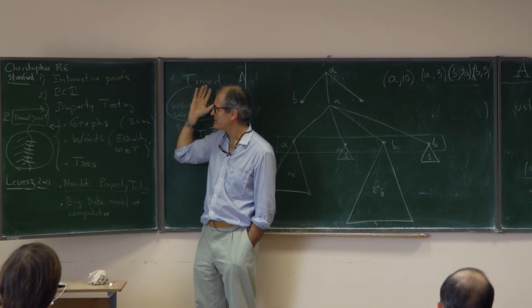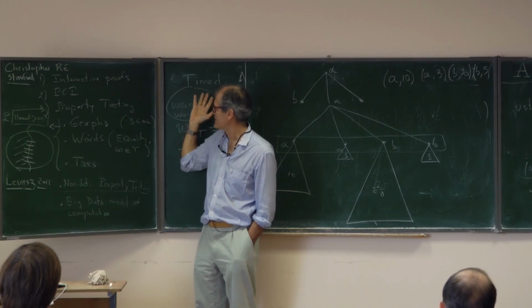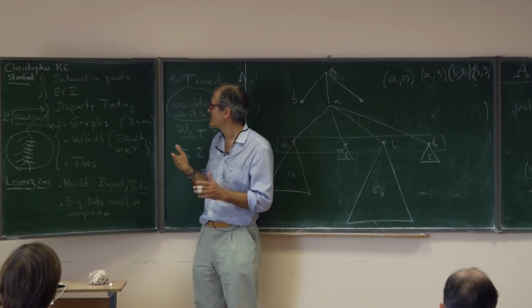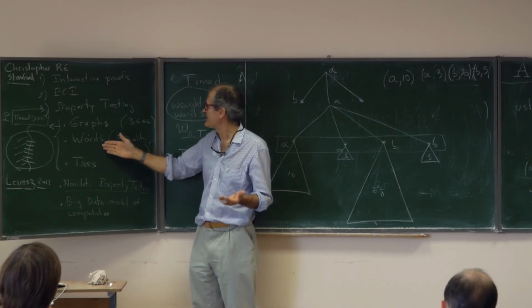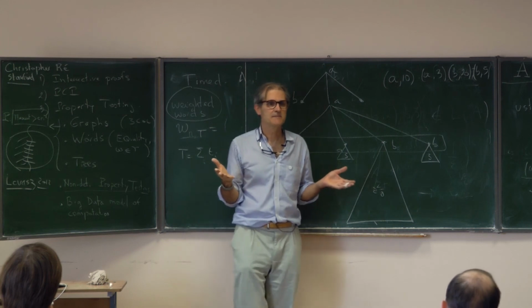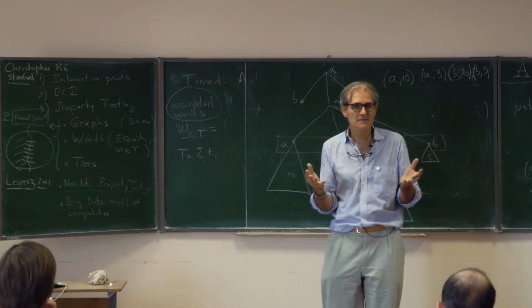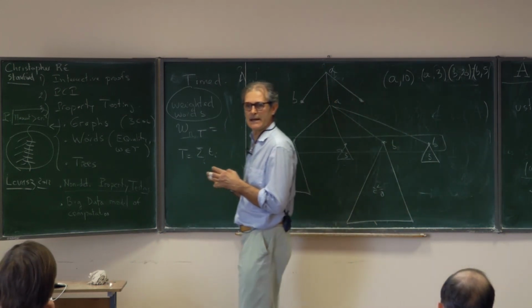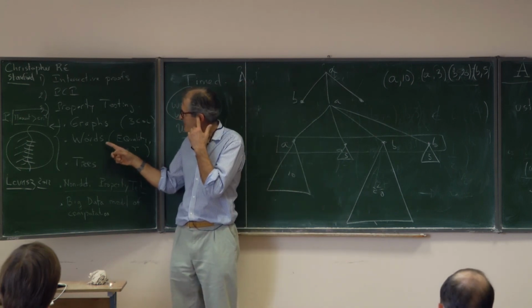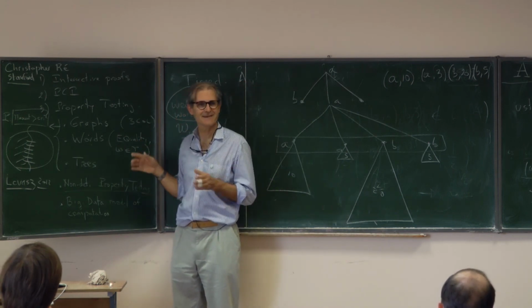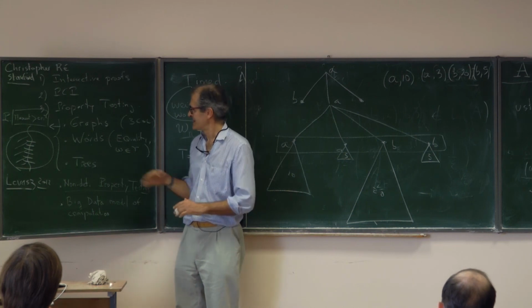Now there are many open problems. I mentioned a few. For example, characterize the testable properties for the edit distance on words. Nobody knows. Is something testable for the edit distance? Is it testable for the Hamming distance? Nobody knows. Same for trees.